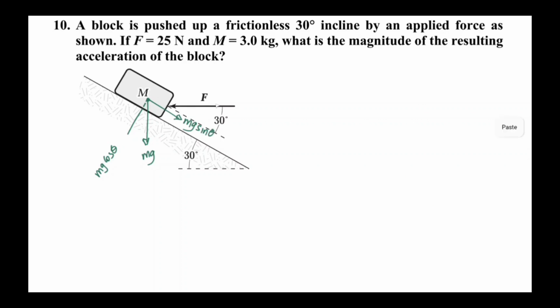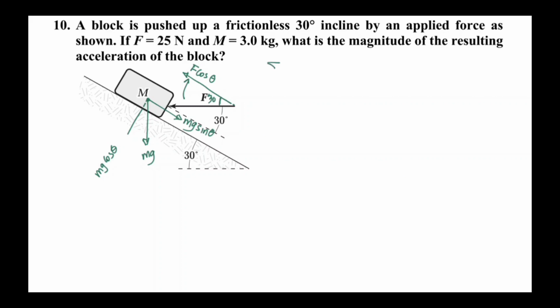Now since F is directed this way and the angle is with the head, now we need to find the angle with the tail of the vector, which has to be 30 degrees. So the x component is F cosine theta directed this way.